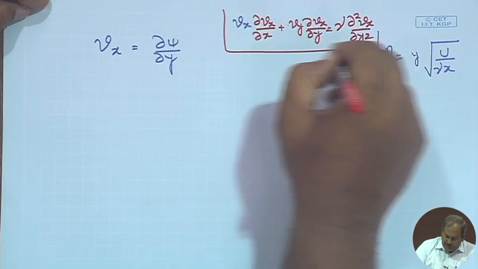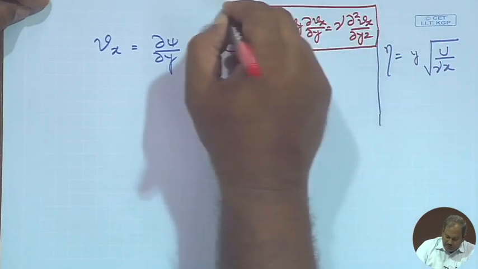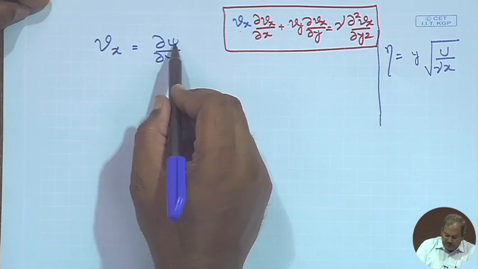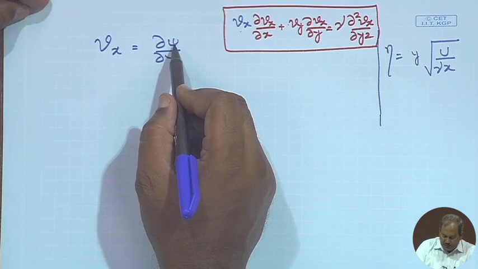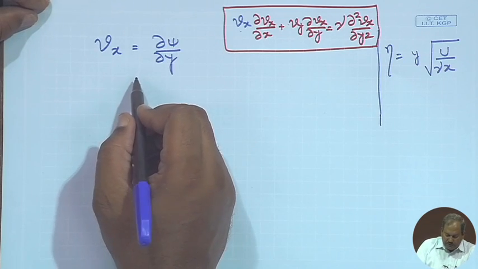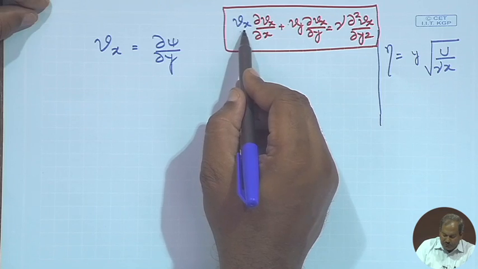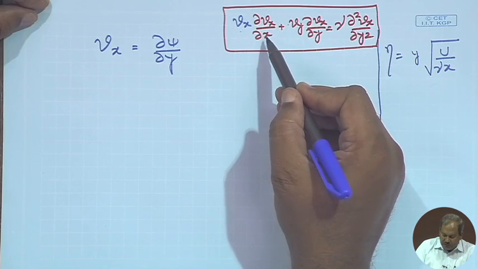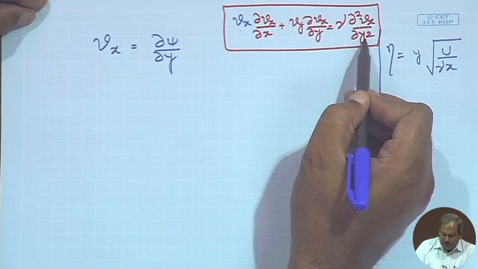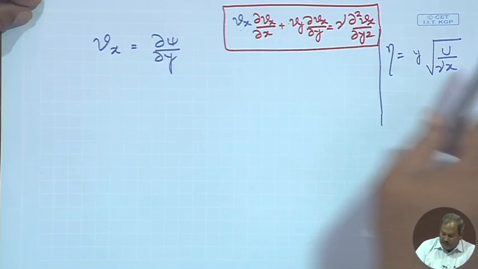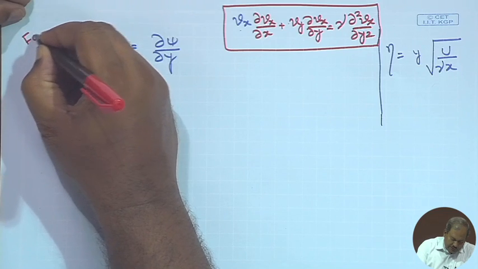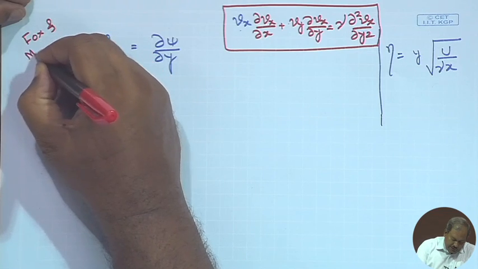We need to substitute each of these terms in terms of psi, or in dimensionless form in terms of eta. I'll show you just two examples, how to get the expressions for Vx and Vy, and the expressions for del Vx del x, del Vx del y, and del square Vx by del y square are given in the textbook. For this part, I am following the book of Fox and MacDonald.